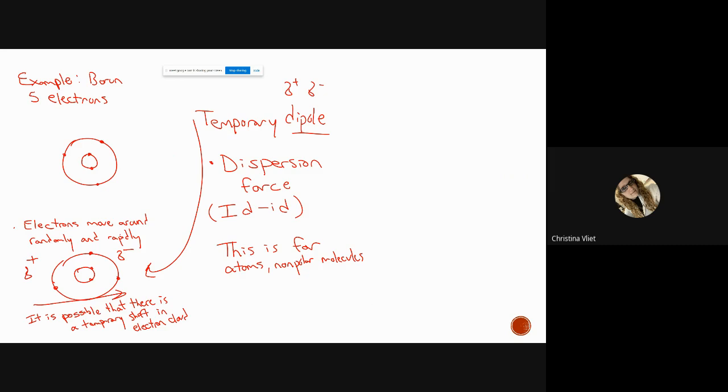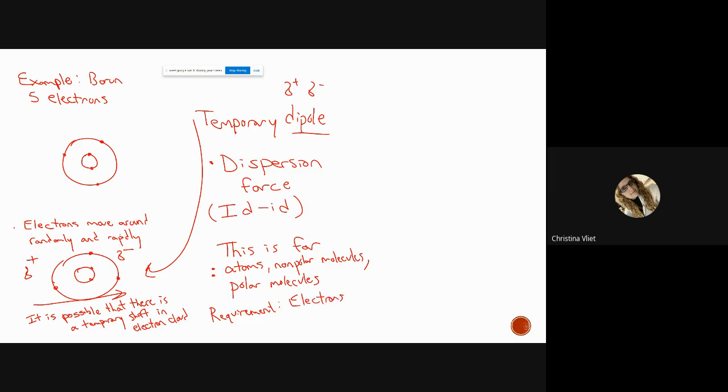Can polar molecules have dispersion forces? Well, do they have electrons? So they can have dispersion forces, it's just not the only type. So this is for atoms, nonpolar molecules, and polar molecules. The only requirement is, once again, that there are electrons.